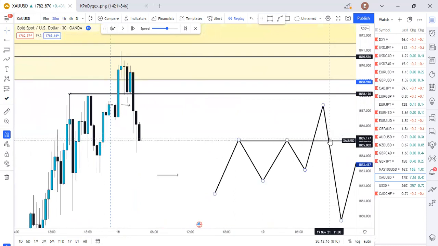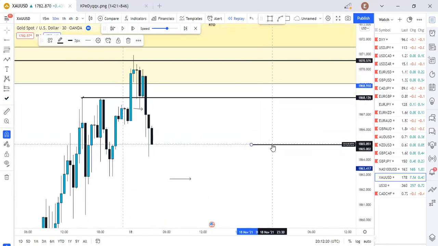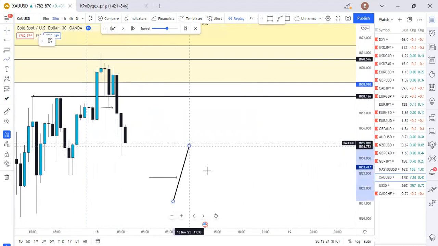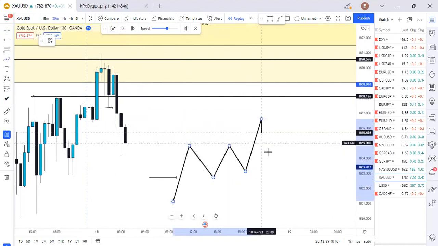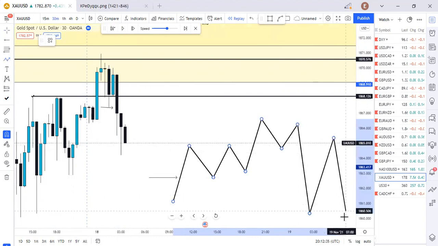The pattern that we're looking at here, if you visualize it nicely, is equal highs. Equal highs have been taken, then price is failing to beat the high. Now this pattern has changed to something like this.